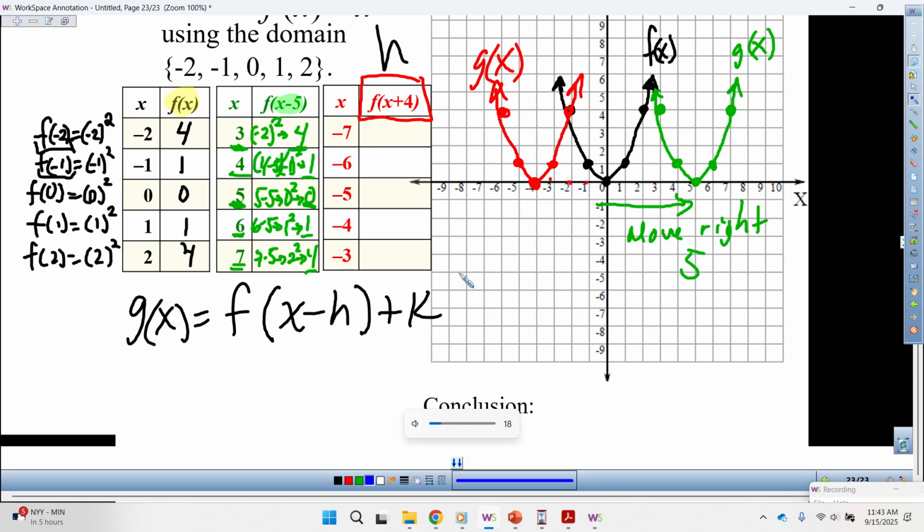So we said that k moves it up if it's positive, down if it's negative. Which means h is going to move it to the side. Now check this out. If it's a negative, it's going to move it to the left. If it's a positive, it's going to move it to the right. And you're like, Mr. Q, wasn't it the opposite? Yes, how it looks, but we'll talk about that when we get there, when we see it already in action.